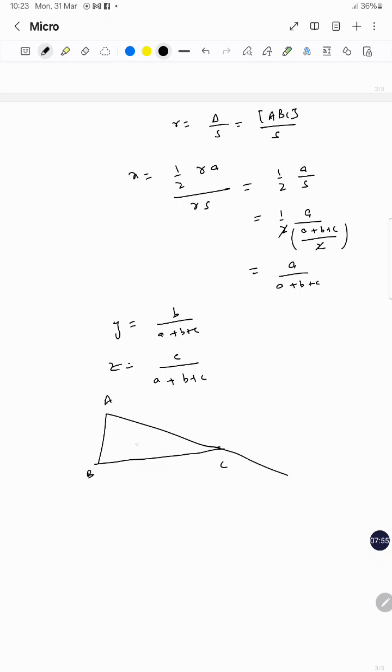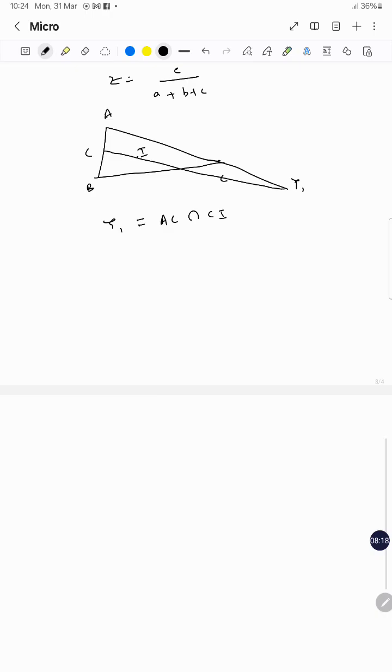And it is given in the problem that for this particular triangle, CI and Y1I are collinear. So Y1 is the intersection point of AC and CI. In barycentric coordinates, the equation of a line is also particularly simple.